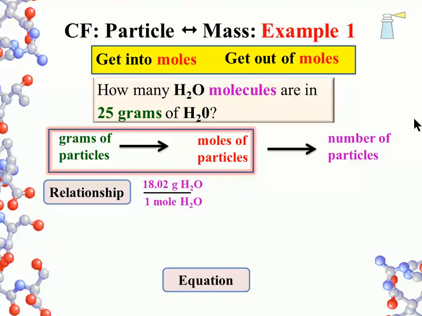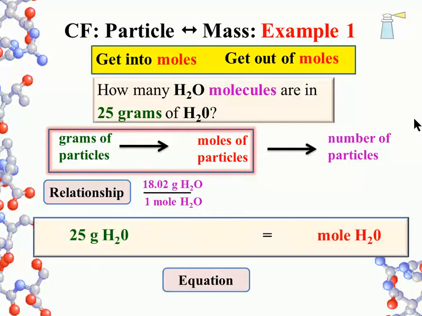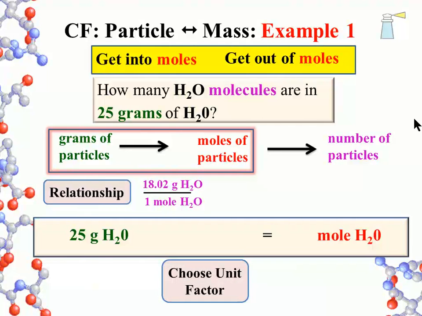Now, set up an equation that relates current units to desired units. The current unit is grams of water, given our 25 grams of water, which is equal to some amount of moles of water. With this setup, determine the correct unit factor.